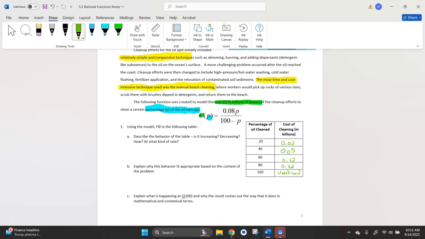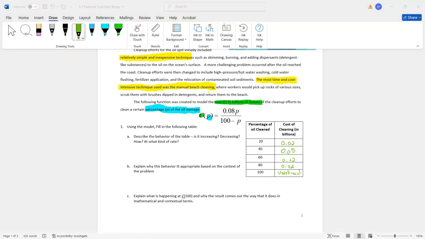Now describe the behavior of this table. Is it increasing or decreasing? How is it doing this, and at what rate? We can see that as the inputs increase, the outputs are also increasing, so this is an increasing table. If it was increasing linearly, we would know these are increasing by the same amount each time.